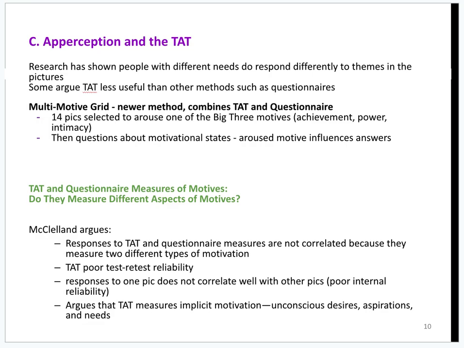Okay, so when you've seen these pictures and you've talked about these things and your motives are all fired up because you've been thinking about them and feeling them, then you do the questionnaire. And that's supposed to make it more valid, right? The more correct and true answers, reflecting your unconscious motives.